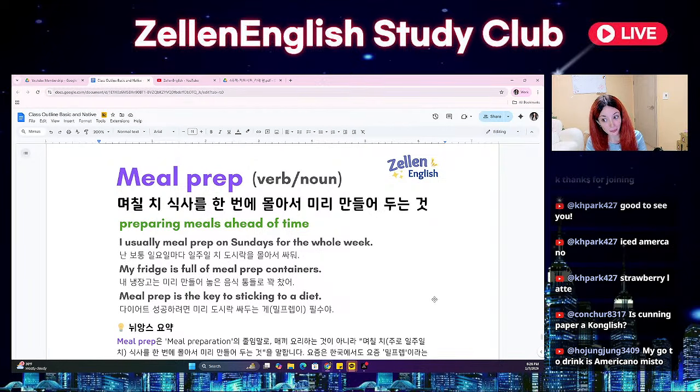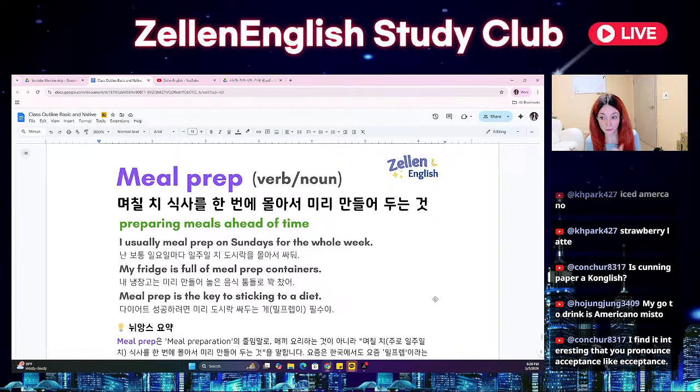Next is meal prep. To meal prep is to make meals in advance, like for the week. It's most commonly used in two situations. One, parents: a lot of mothers will meal prep lunches for the week for their kids. They plan it all on Sunday, for example, and it's very easy to have food ready.